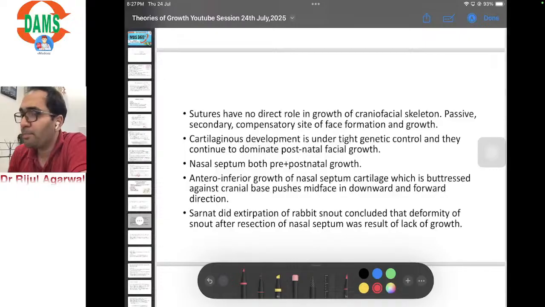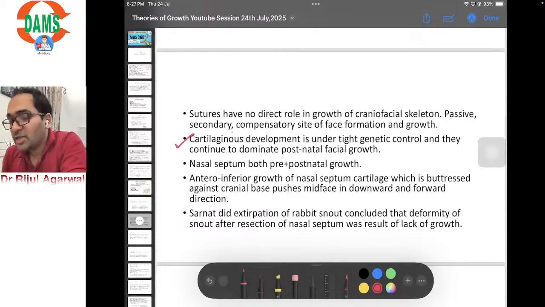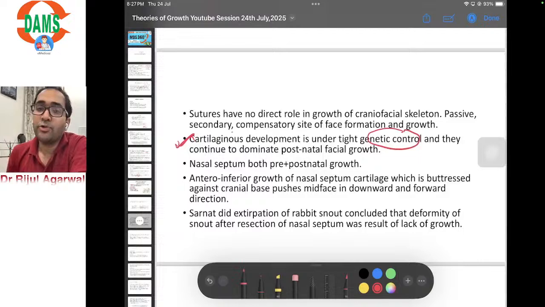They are just passive, secondary and compensatory sites of face formation and growth. Cartilaginous development is under tight genetic control, and they continue to dominate postnatal facial growth. So once the child is born, the growth is mainly through the cartilages, which is under tight genetic regulation.